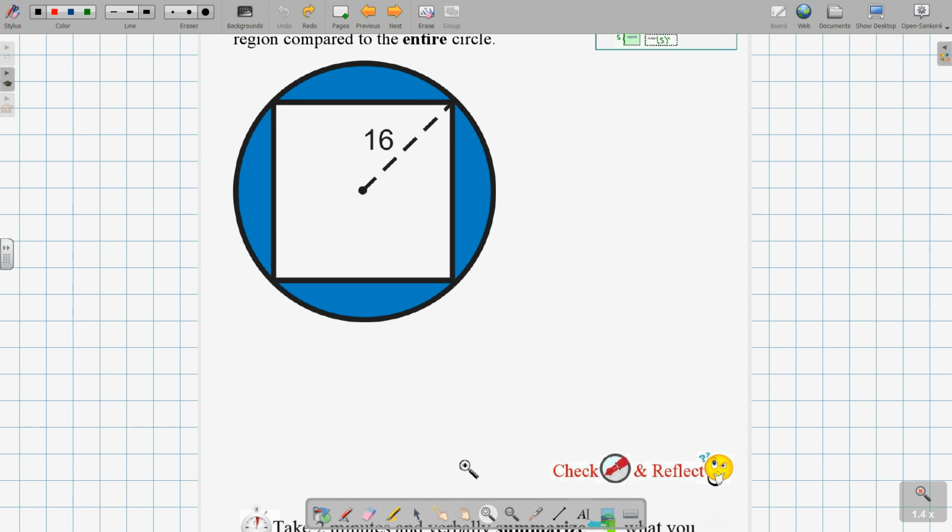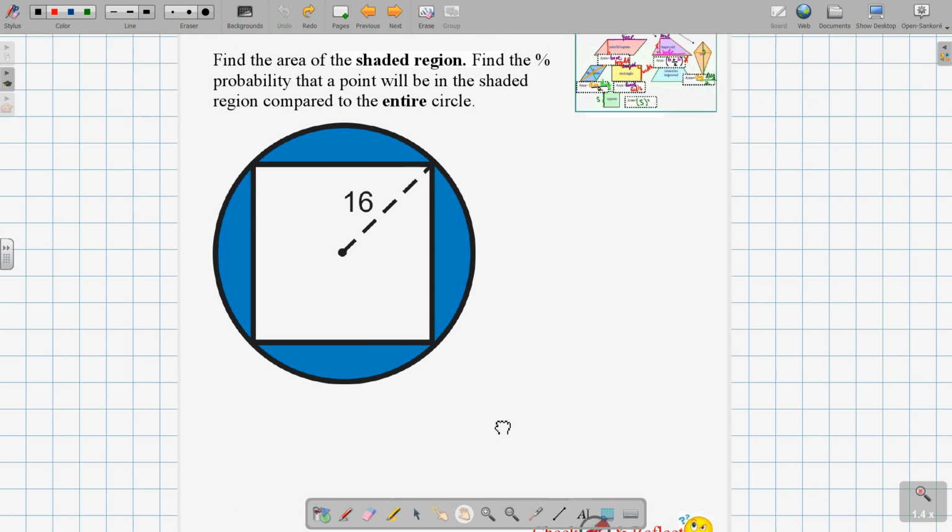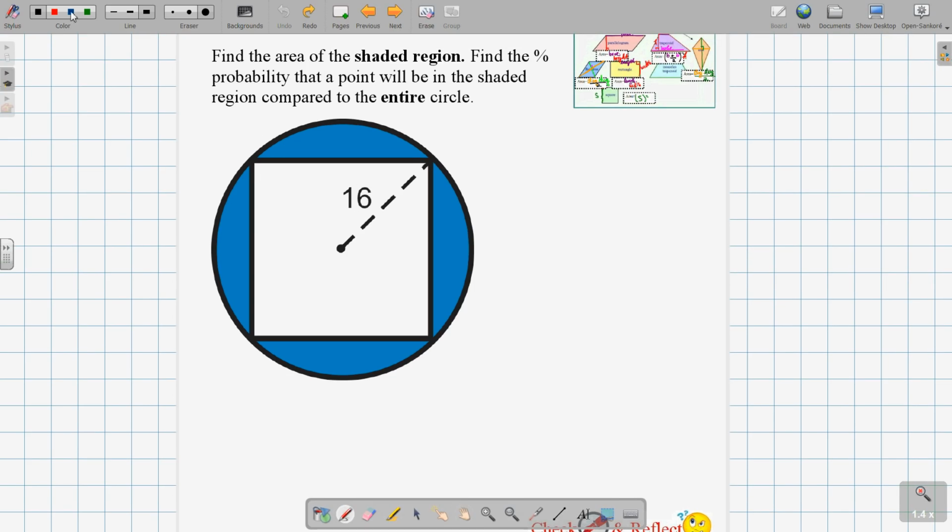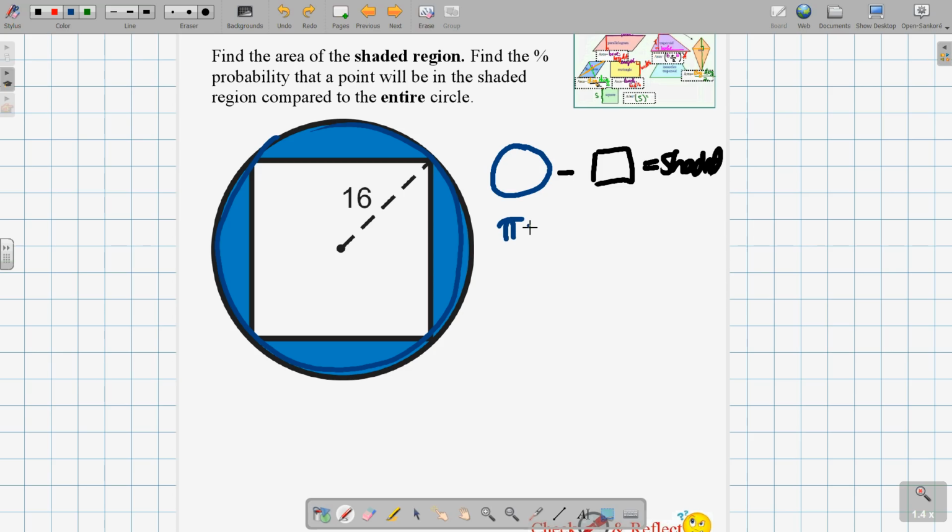Welcome back. We're going to find the area of the shaded region. And our thing equation, obviously, is going to be a circle minus a square. And that will get us our shaded region. Our equations, so we have a circle, pi r squared, minus, here's our square. Now remember, a square qualifies as a rhombus.